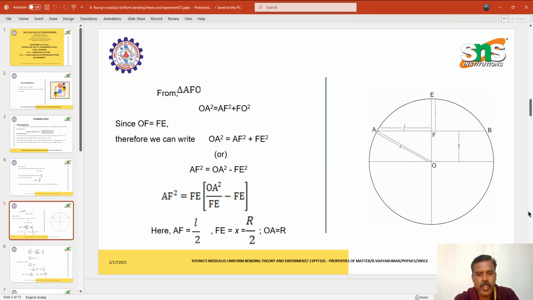AF we know is L by 2, and FE equals x, and OA equals R.